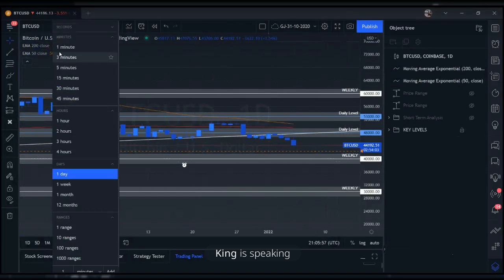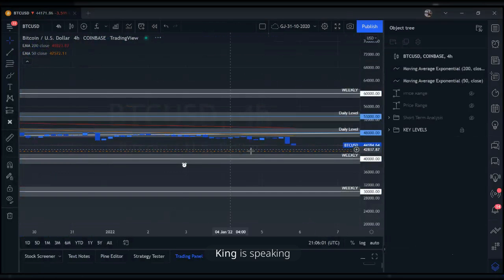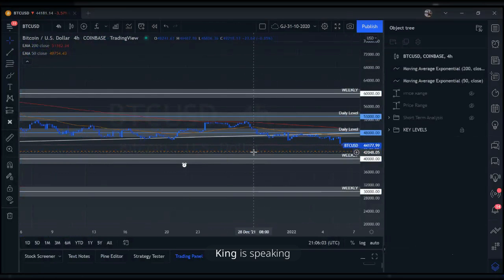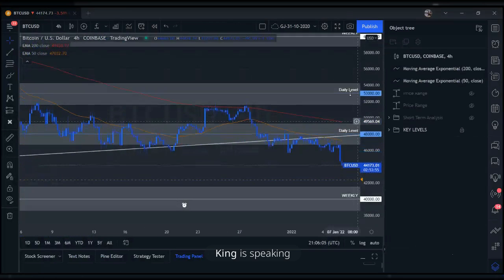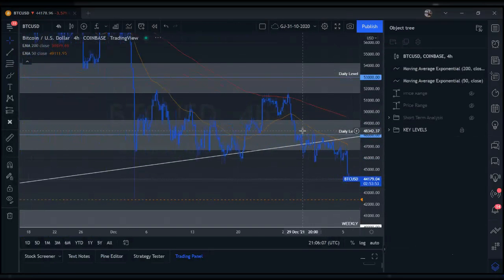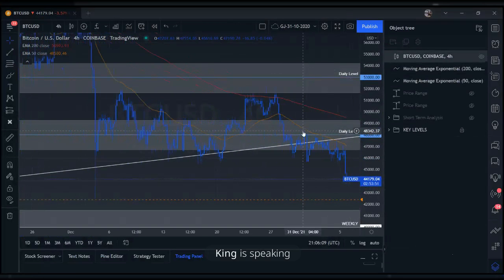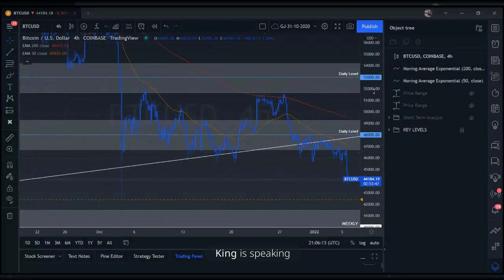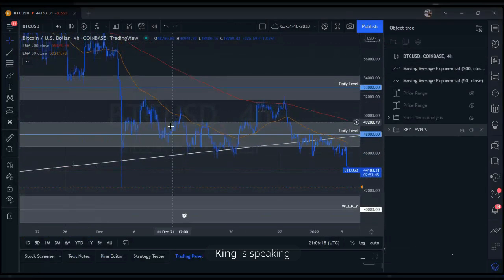I don't know if we're going to be able to see too much on how the EMAs are playing out on the lower time frames right now. But what we can see is, as the market came down into this daily level, the 50 EMA was capping the price.